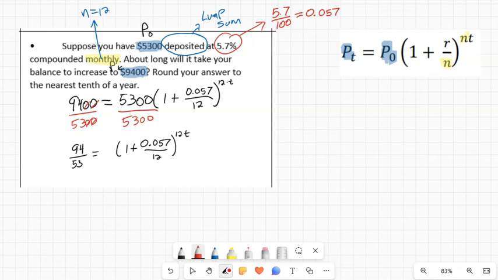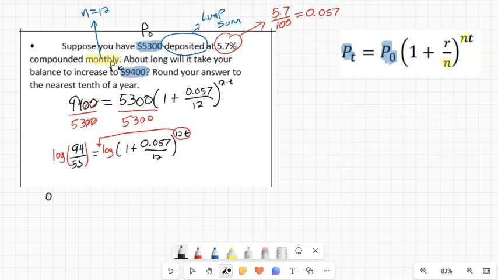To solve for t, we use what's called a logarithm, or log, on both sides, and it allows us to bring the exponent down in front of the log where it turns into a coefficient or a factor.